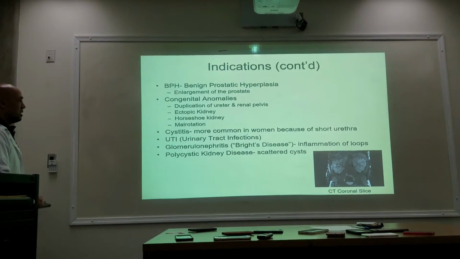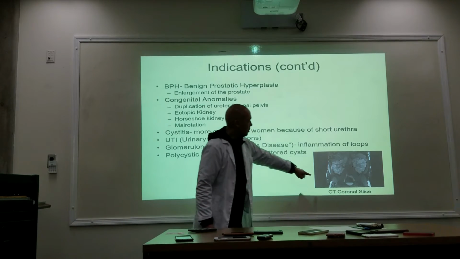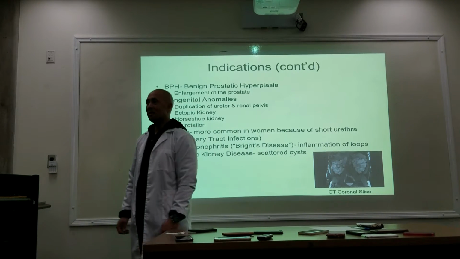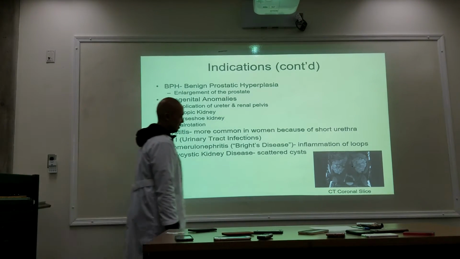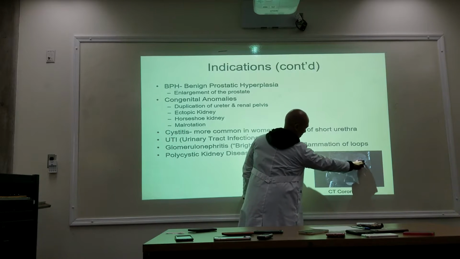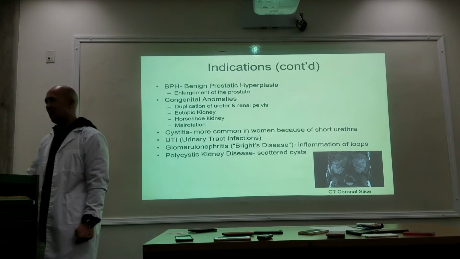And then polycystic kidney disease, I actually put that up here in case you guys were wondering what polycystic disease looks like. These are 2 kidneys. You know, all these little bumps on the kidneys. It looks like the back of a toad.